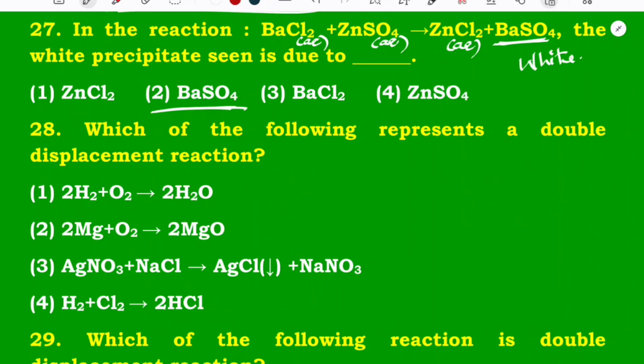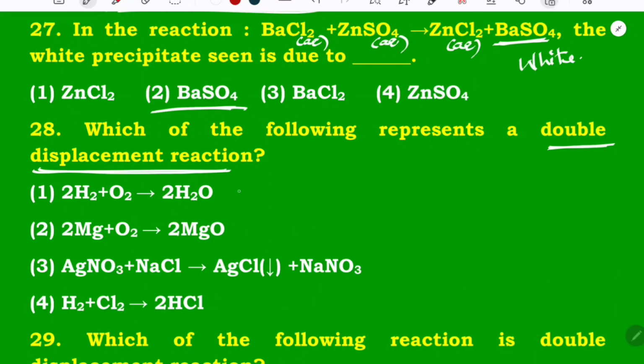Next, which of the following represents double displacement reactions? They have given some reactions and you have to identify which is a double displacement reaction. Double displacement means two reactants in aqueous solution, and on the product side also two products.